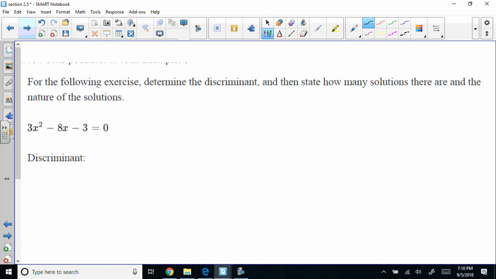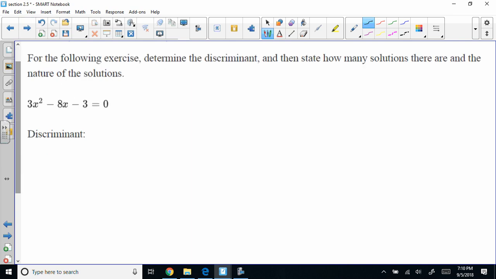For the following exercise, determine the discriminant and state how many solutions there are and the nature of the solutions. Well, okay. If D is greater than 0, D equals 0, and D is less than 0, right? D is the discriminant.